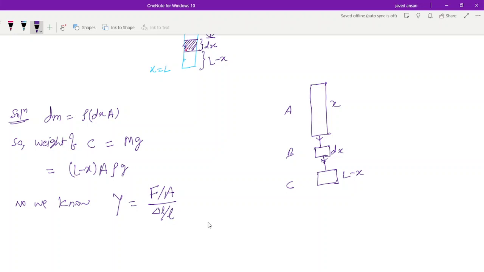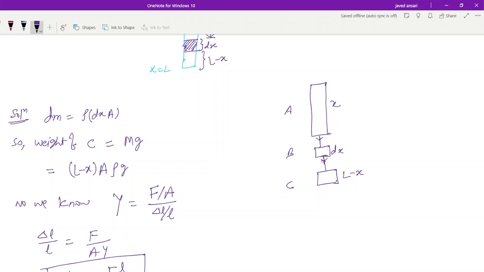This is your Young's modulus. So from this you can find delta L by L equal to F by AY, or delta L, the change in length, equal to FL by AY. This is the formula I have just written.